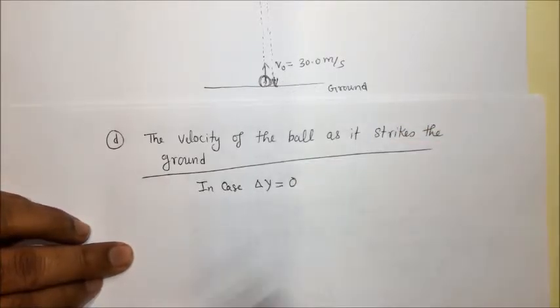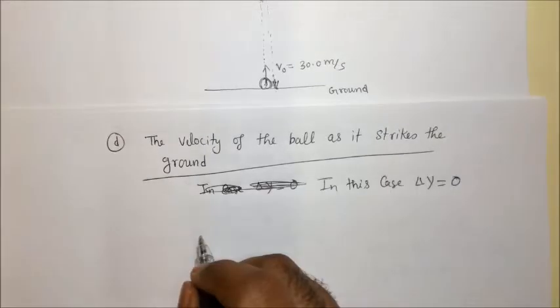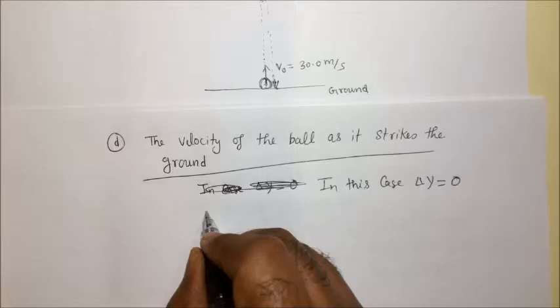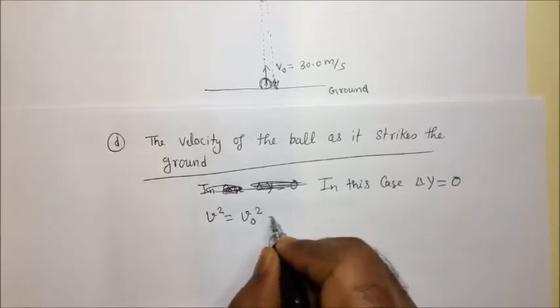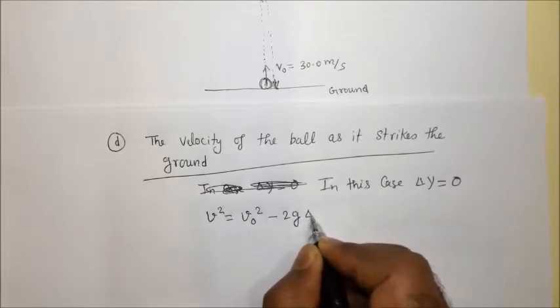The end point is ground, so delta y is 0. What we can do now, we are looking for final velocity, so we can use v final square is equal to v initial square minus 2g delta y.